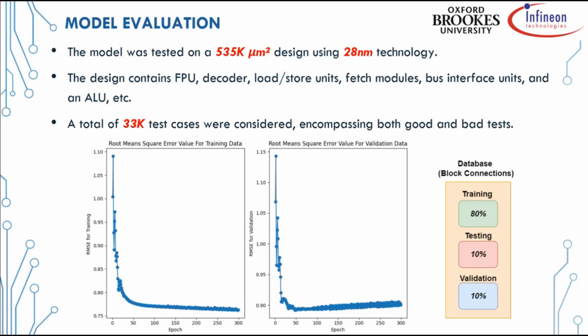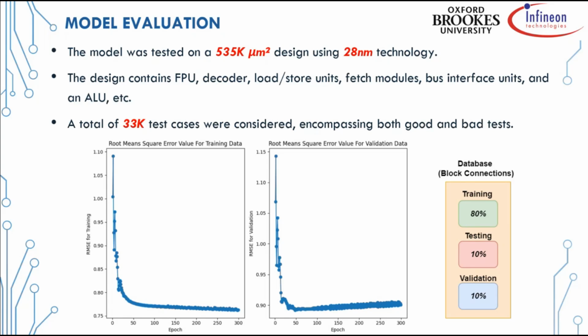In total, we have around 33,000 test cases where we consider both good and bad results. Good results meaning they have a high coverage for most of the blocks. This comprehensive test set allows us to evaluate the effectiveness of our model. Based on the training, we predict the connection weights and select the appropriate test for a particular scenario.